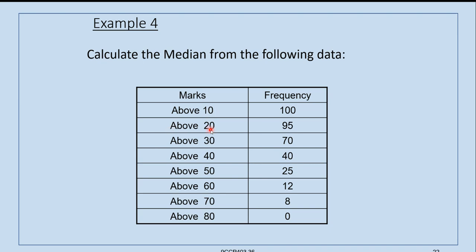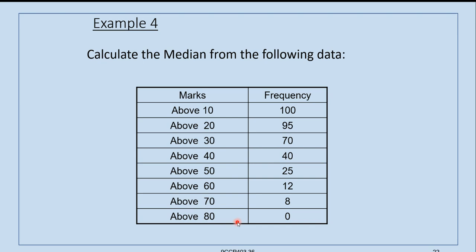Here 20 to 30, 30 to 40, 40 to 50, 50 to 60, 60 to 70, 70 to 80, 80 to 90. Because the last class intervals have a gap of 10, we can assume that this one also has a gap of 10, 80 to 90.